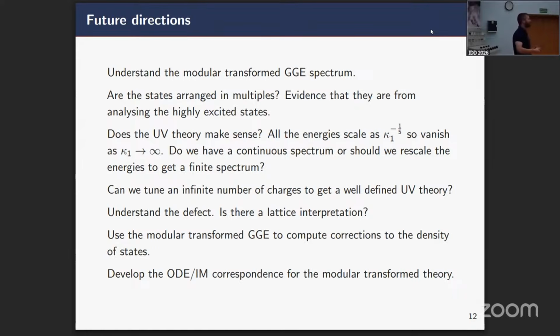Can I have a more concrete physical description of what this defect is? One possible way to do this is to go back to the lattice and try and redo these GGE calculations on a lattice and then take continuum limits and see if there's some sort of concrete physical picture for the defect there.